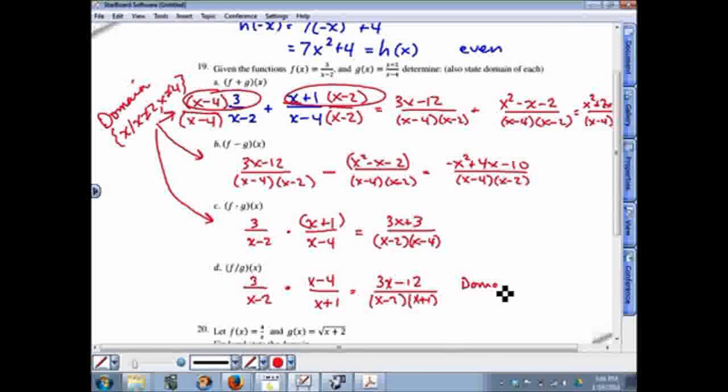But let's talk about the domain. So we have the original excluded values, x such that x cannot be 2 and 4. But with the result here, x can also not be negative 1. So those are the 3 excluded values there.